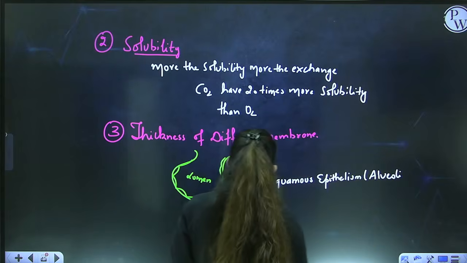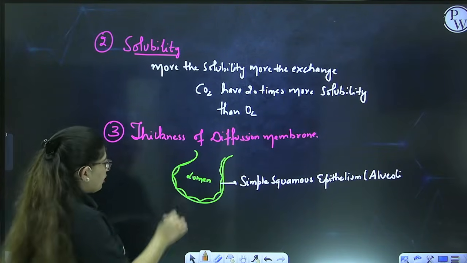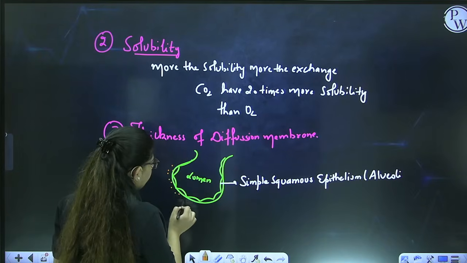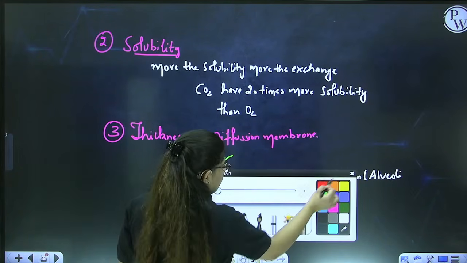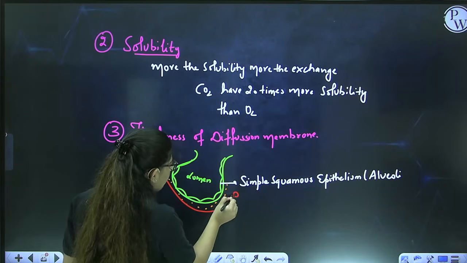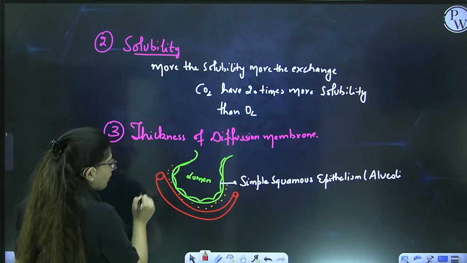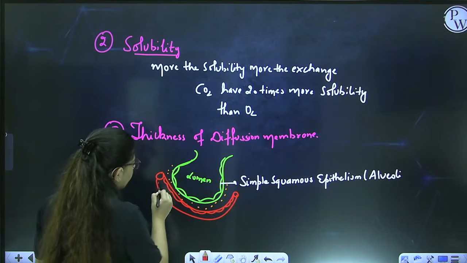Below that there will be a basement membrane, as every epithelium is incomplete without that. Then it will be surrounded by blood vessels. The capillaries also have a simple squamous epithelium, generally known as endothelium.